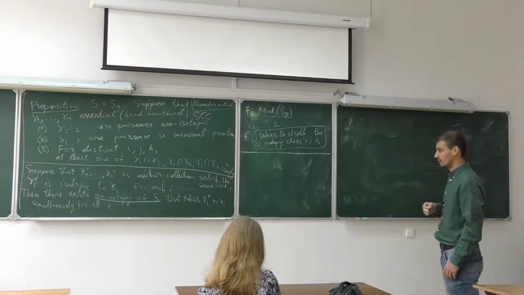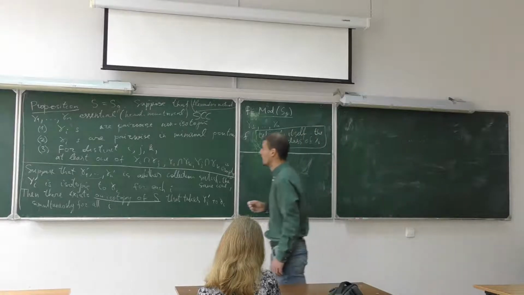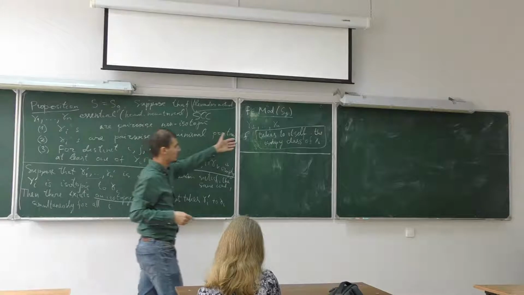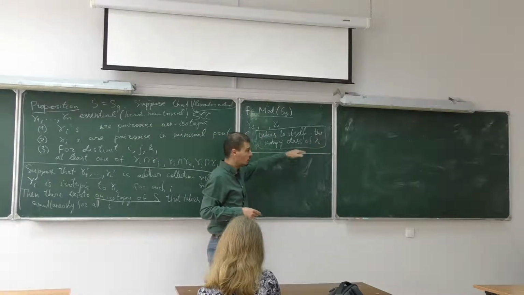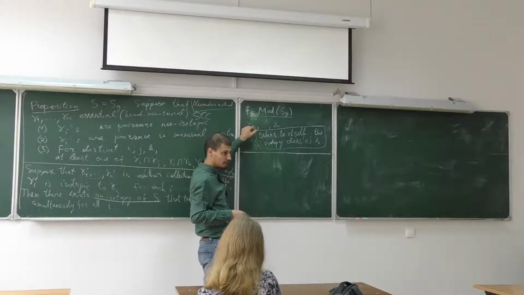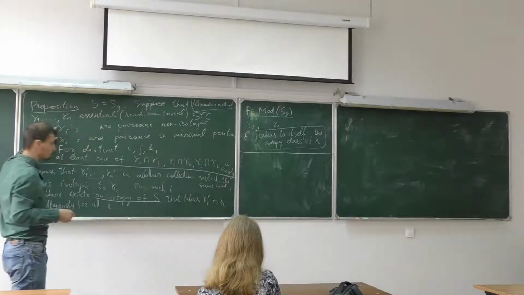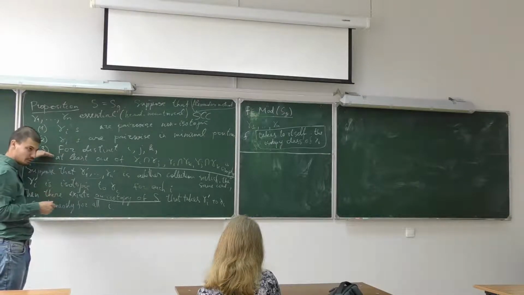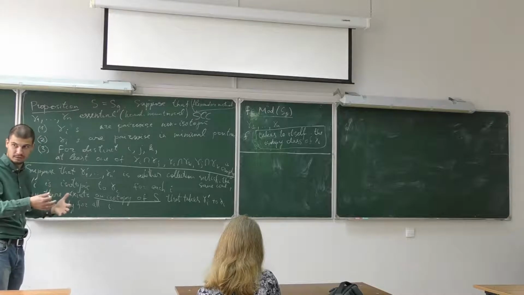Now, what can we say? Since we are speaking of isotopy classes, we can always choose representatives that are in minimal positions. So we can always assume that these two conditions are satisfied. Assume that the third is also satisfied. This is an assumption.